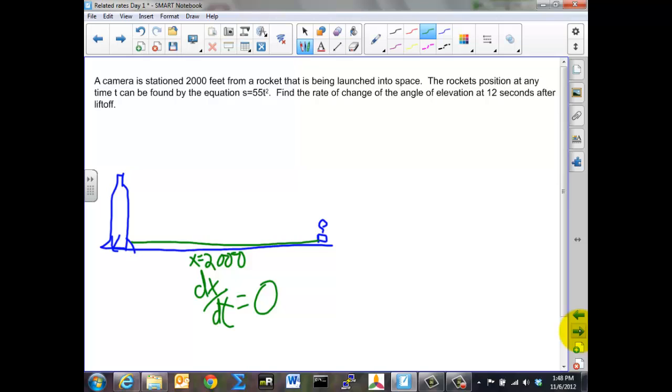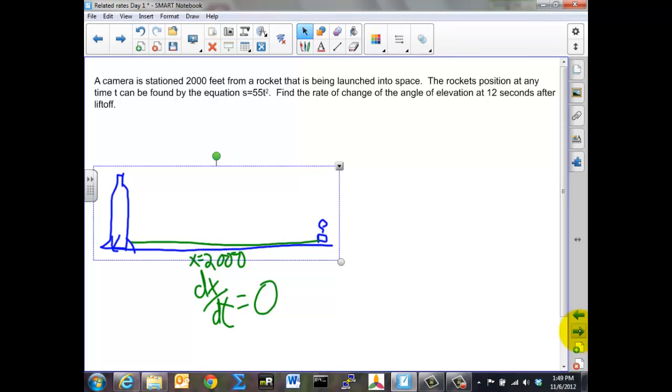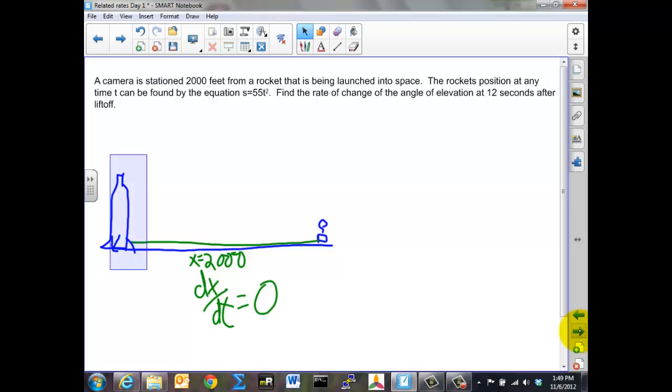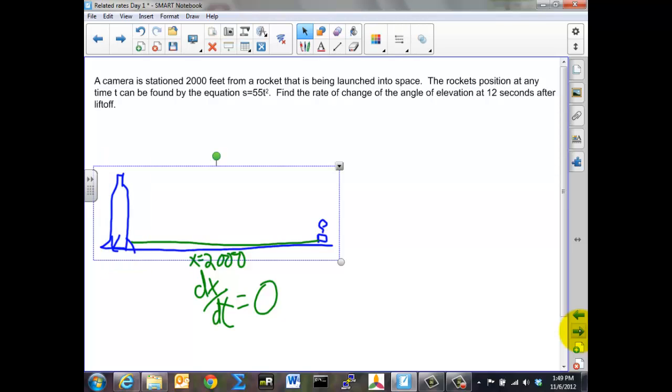So we assume that when this rocket gets on up here a little ways, the camera's still there. This distance from here to here is going to stay the same. So dx/dt is 0. Nowhere is that written in the problem. You've got to figure that out on your own. Since that distance isn't changing, dx/dt equals 0.